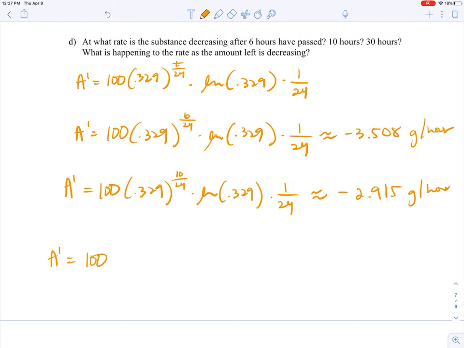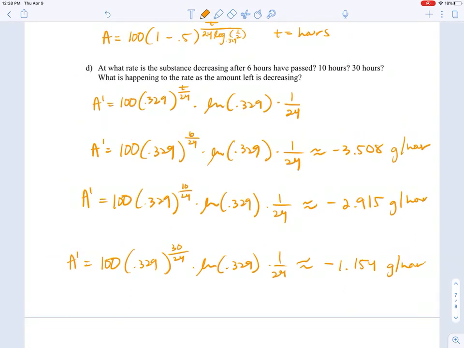And then for 30 hours, negative 1.154 grams per hour.